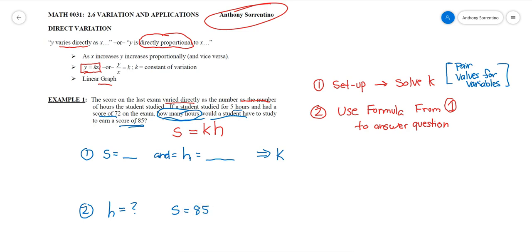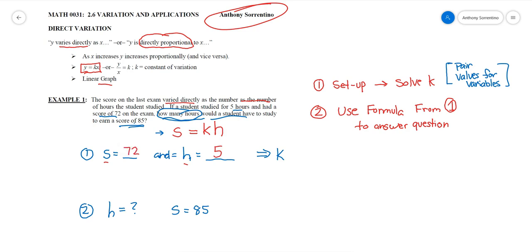I can't answer that unless I have this equation defined. Right now I have an equation with three variables, and to solve for any one of them, I need to know the other two. That's why I need an S and an H, and I'm given that: when a student studied for 5 hours, they had a score of 72.